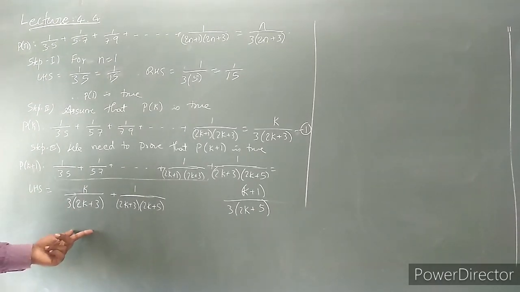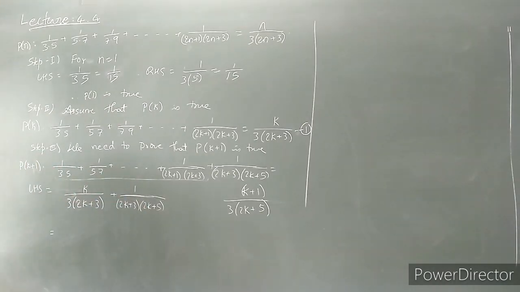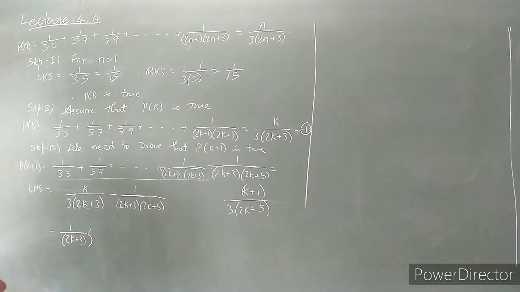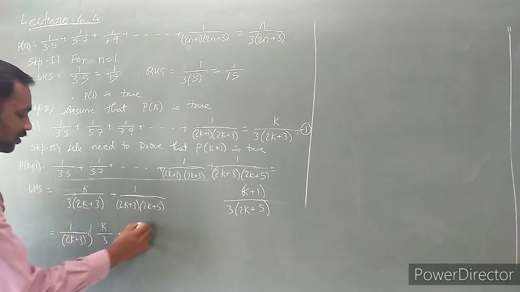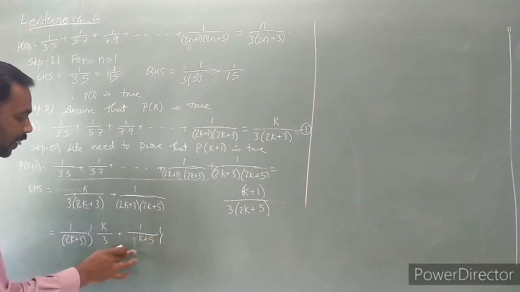After replacing, we have to take the LCM, or else take it as common. First I take the common. Is anything common? Yes, 1 by 2k plus 3 is common. So 1 by 2k plus 3 is taken common. What is left? k divided by 3 is left, plus 1 divided by 2k plus 5 is left.